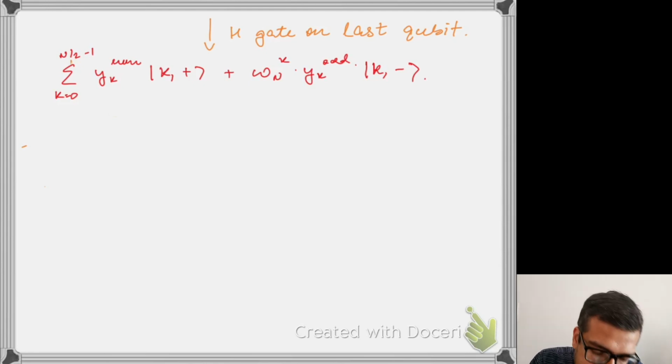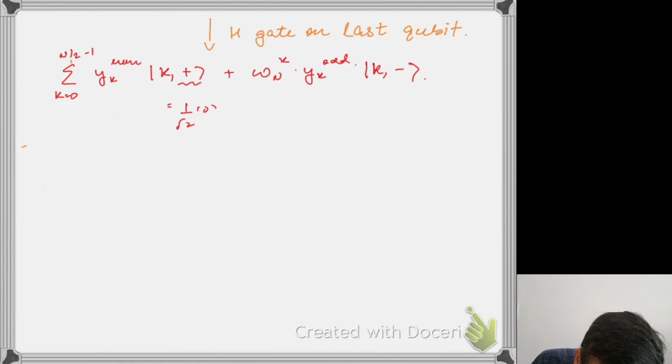And this ket plus, I can write as 1 by root 2 ket 0 plus 1 by root 2 ket 1. Similarly, ket minus is 1 by root 2 ket 0 minus 1 by root 2 ket 1.